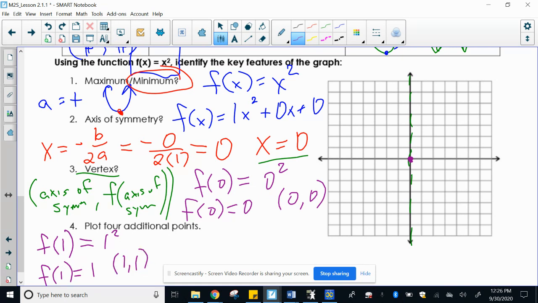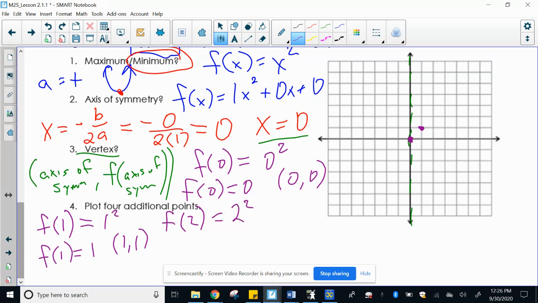So I'd have the point 1, comma 1. I could do the same thing with 2. f of 2 equals 2 squared. Well, 2 squared is 4. So I have the point 2, comma 4.